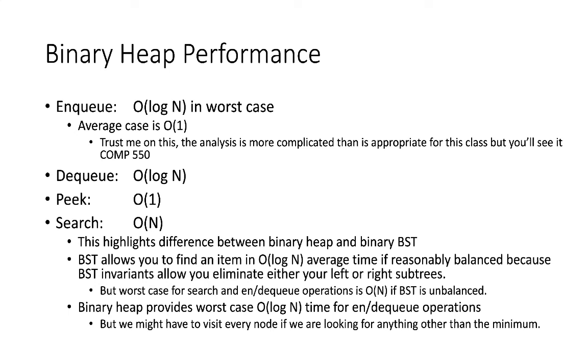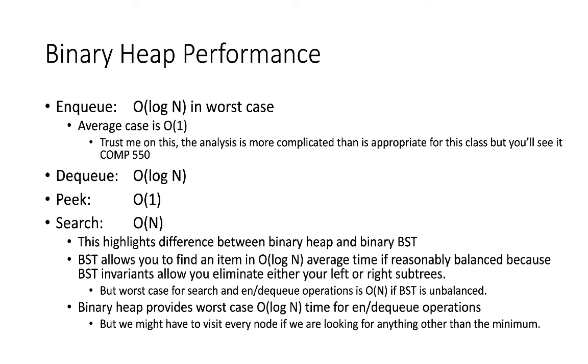The invariant for a binary search tree is that everything to the left is smaller than what's at the root, which is smaller than everything that's on the right. In a binary heap and a binary min tree, the invariant is a little bit more relaxed. At any given node, the item only has to be smaller than either its left or its right.